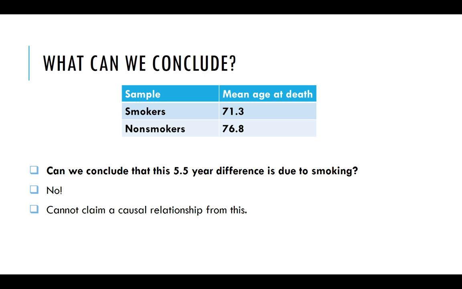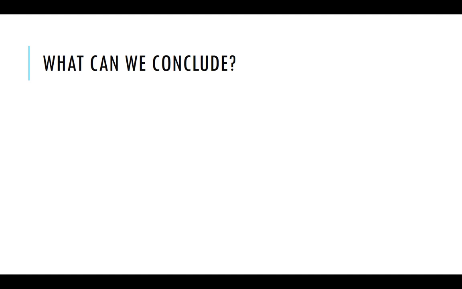We can say, look, we've got a significant result here, but we can't say it's literally due to smoking. Why can't we make that claim? Well, the reason is that there could be other reasons that we're not controlling for. There might be other variables that might cause smokers to die on average earlier than non-smokers.